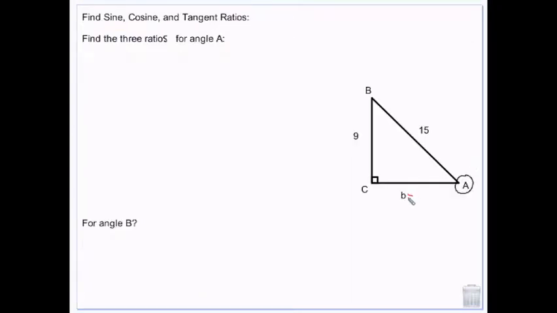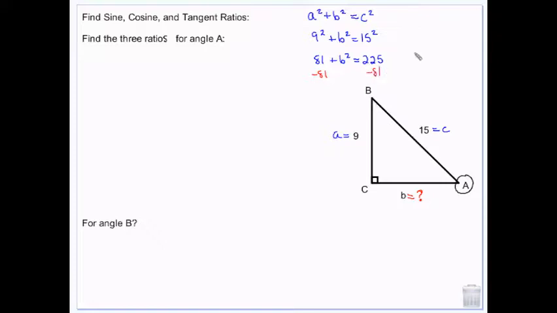We're combining things. First, we need to find out what this is. And how can we find this out? It's a right triangle, so we're going to use our good friend, the Pythagorean theorem. So if I make this A and this C, I have 9 squared plus B squared is equal to 15 squared. 81 plus B squared is equal to 225.